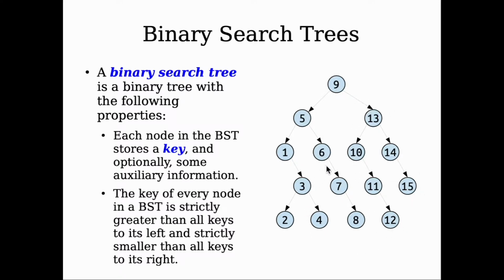And that is true to all nodes in the tree. So, if we look at a particular subtree na ito, for example, itong part na to, 2 is less than 3, 4 is greater than 3.